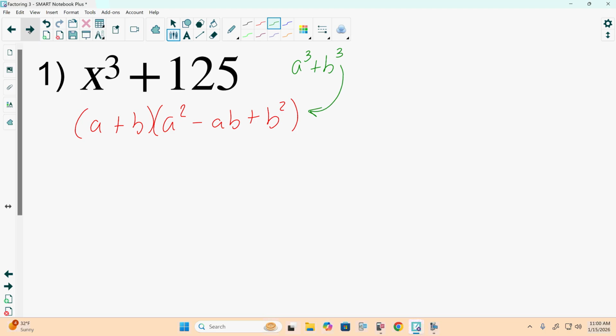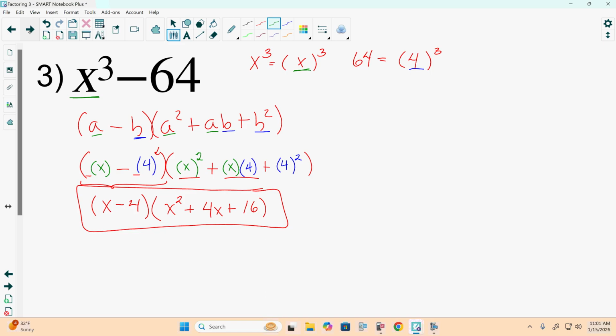And the one we just did, we started off with x cubed minus 64. So we're attaching this to our a cubed minus b cubed. So when we're subtracting two perfect cubes, we use the difference formula. When we're adding, we'll use the sum formula. Yeah, good question. Any other questions before we move on?